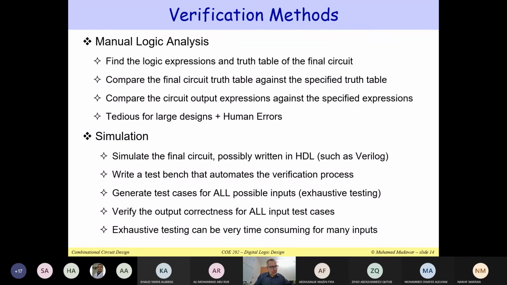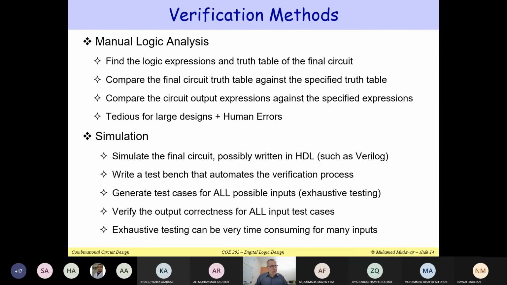If they match the truth table that we obtained in step number 2 in the formulation step. So we can compare the final circuit truth table against the specified truth table. If these are identical, then we have verified the correctness. So this can be done manually.